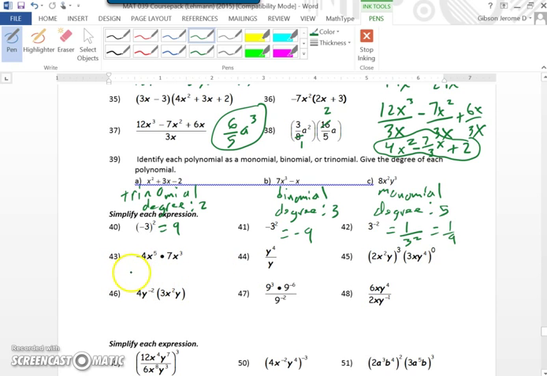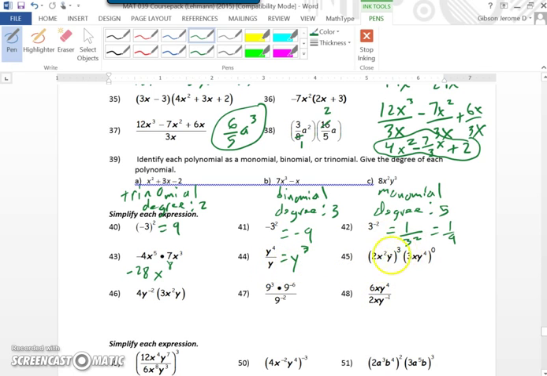Now we come to 43. Negative 4 times 7 is negative 28. X to the 5th times x to the 3rd is x to the 8th. 44, y to the 4th divided by y. Same base with division, you subtract the exponents. So it'll be y to the 3rd power, because remember, this y in the denominator is assumed to be taken to the 1st power.